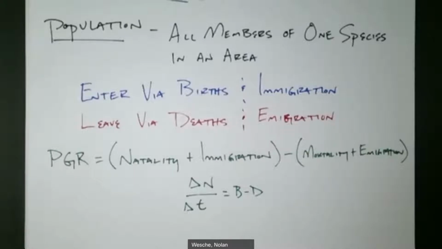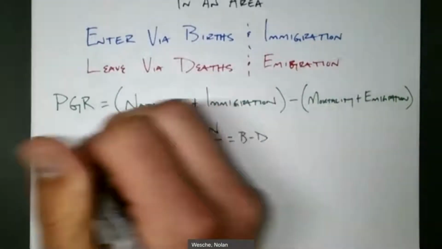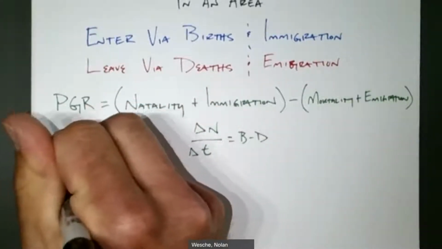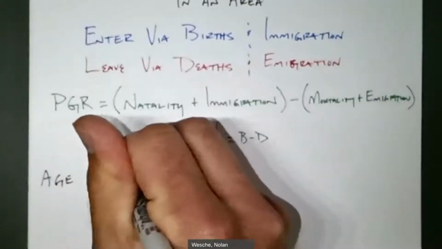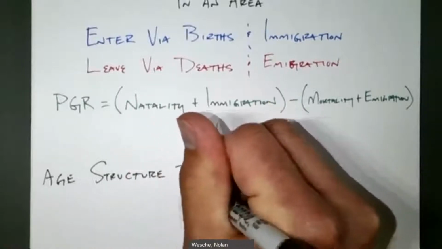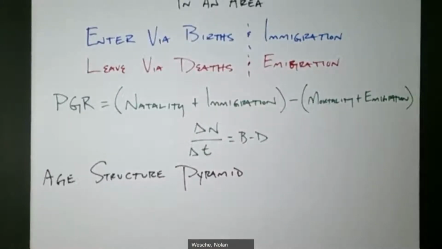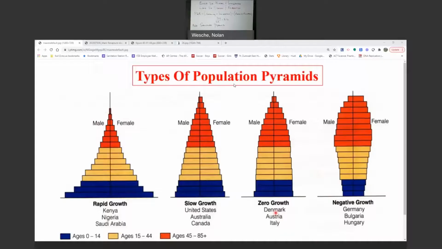So we're going to look at something called age structure pyramids. And we'll get a look at what these are. So here we're looking at some different age structure pyramids.